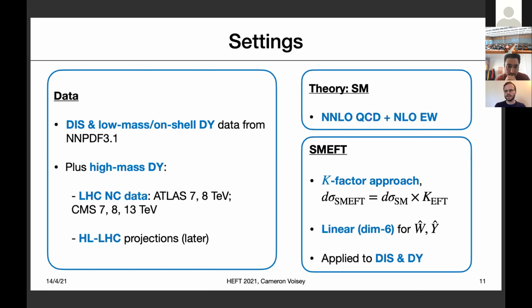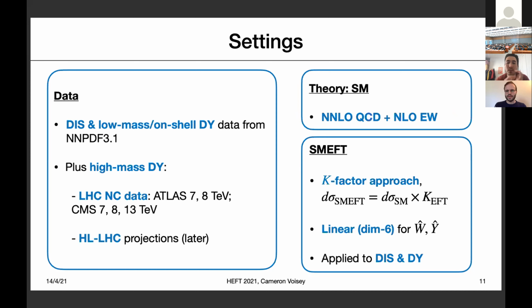So, for example, jets data, top data, so that we have, in a sense, a clean starting point. And then on top of this, we add the high mass Drell-Yan data, which is important for our study. So in terms of current data, we add 5 data sets, all neutral current Drell-Yan sets from ATLAS and CMS. And then later in my talk, I'll talk about some projections we make for future data. So there we look at the high luminosity LHC.